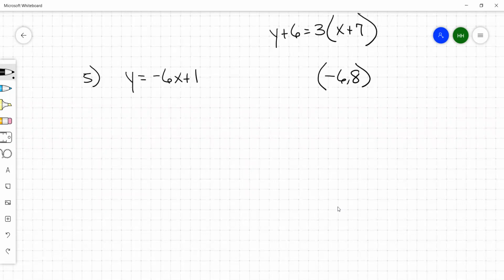What's the slope of the new line going to be? It's parallel to the given line. Speak up. Negative 6. So now, what's the equation going to be, Matt?